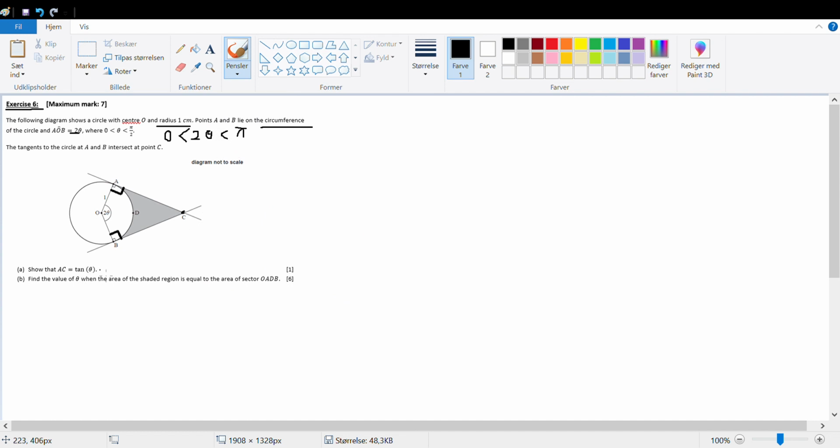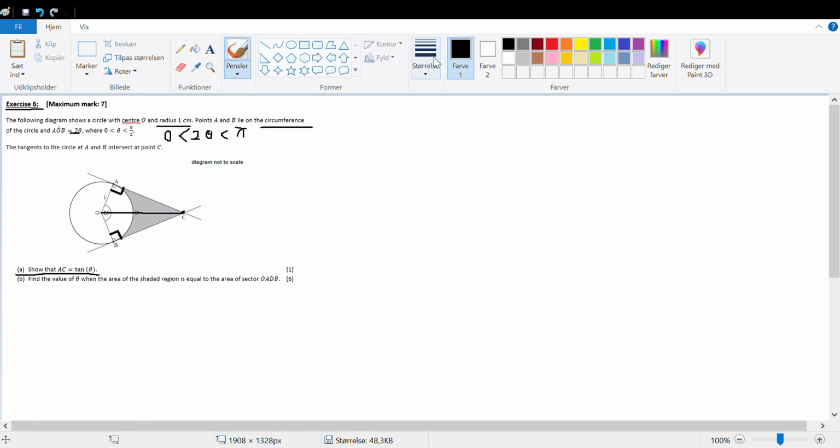So the first question they ask is, show that AC is equal to tan theta. Okay, let's think about this problem for a moment. Let's start with the most simple aspect here, theta. If we look at this, we don't see just a regular theta, we only see 2 theta. How can we get regular old theta to appear? Well, what if we were to draw a line from here out to here?